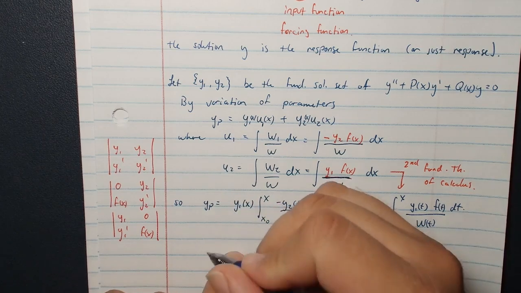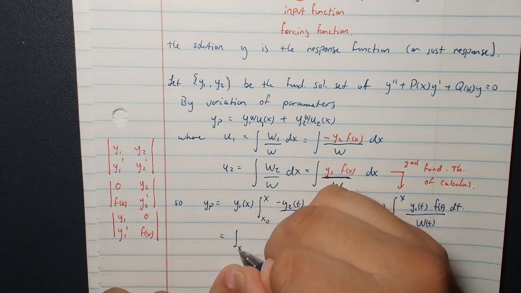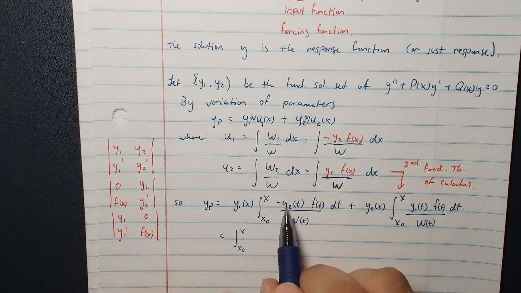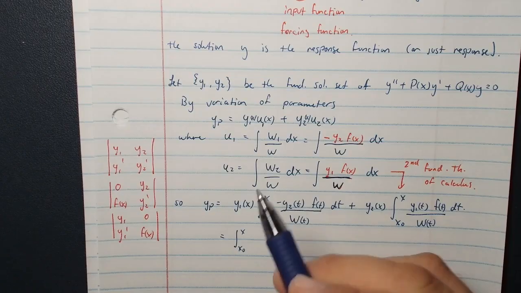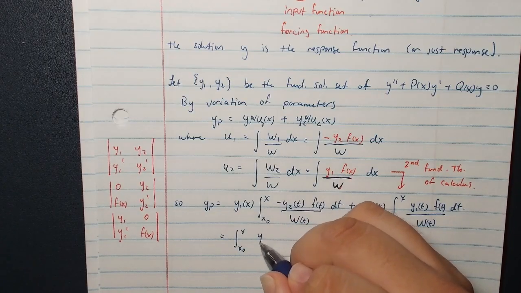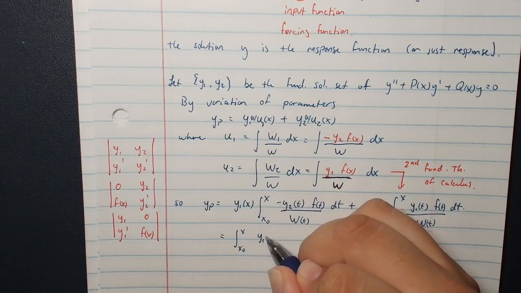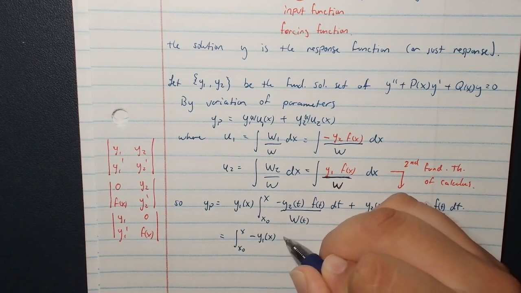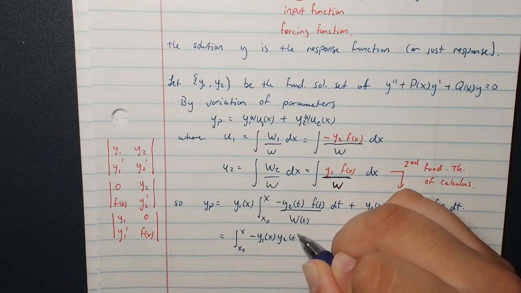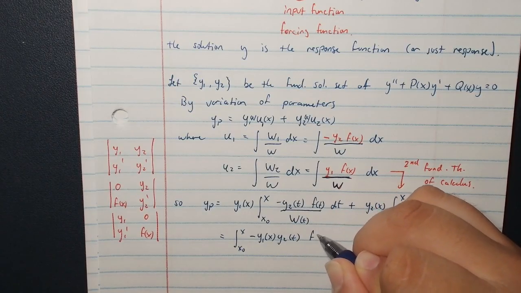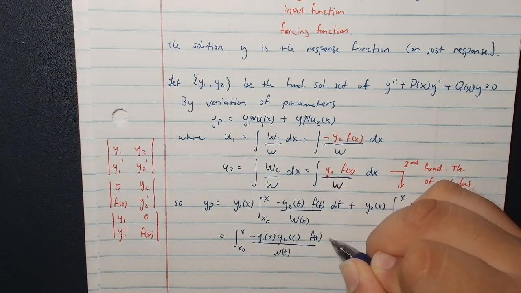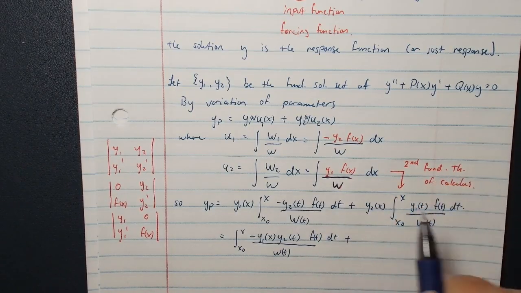So here we can rewrite this as the integral from x naught to x of, I'm going to go ahead and just multiply this one in here. That'll be y1 times negative y2. So I'll say y1 of x, I'll put the negative in front, y2 of t, f of t, over w of t, dt, plus, and then I'll do the same thing here.